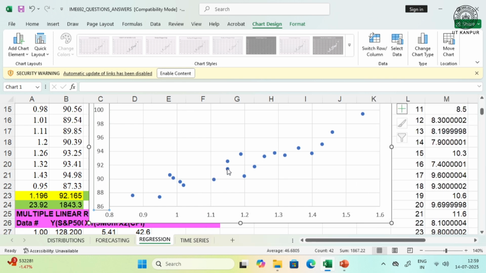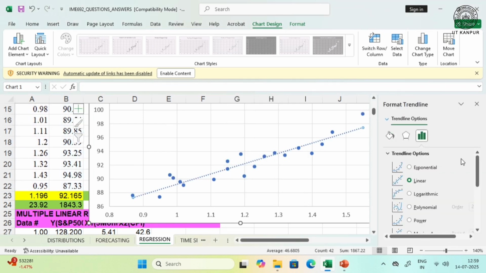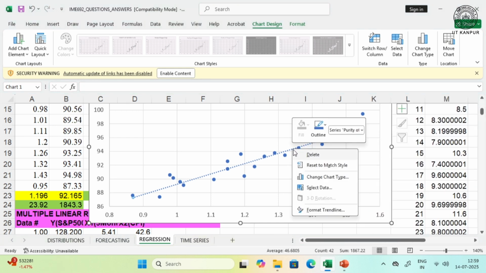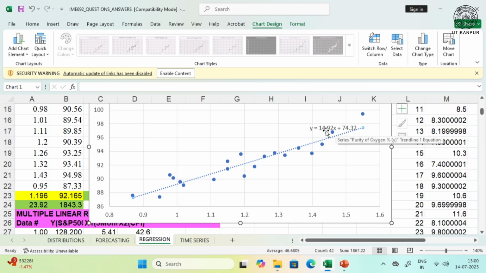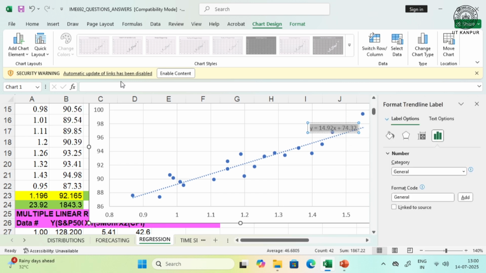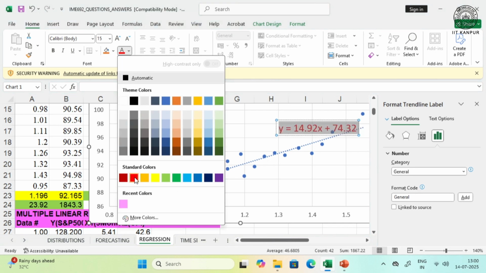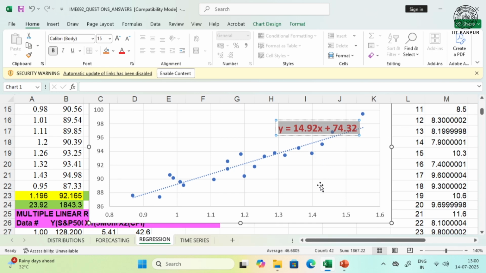Now, I want to put the best fit line, the trend line, and it is the linear line. I want to display the equation on the chart. So, this is the one, and if you pay close attention to the equation, which I marked in red bold, it comes out to be 14.92 and 74.32.